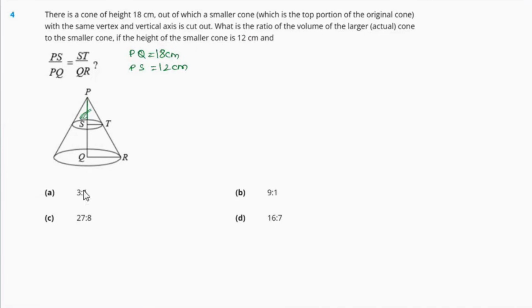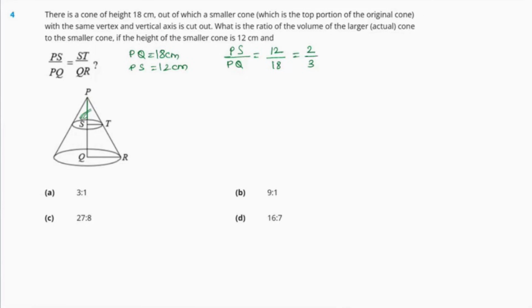So what we can do over here. It is already given to us that the length of PQ is 18 centimeter. The height of the smaller cone is also given to us, which is 12 centimeter. So if we are supposed to figure out the ratio of the height, that is going to be PS by PQ, which is 12 by 18, and we can easily figure out 2 by 3, which means the ratio 2 to 3.